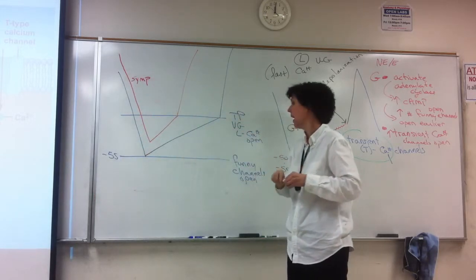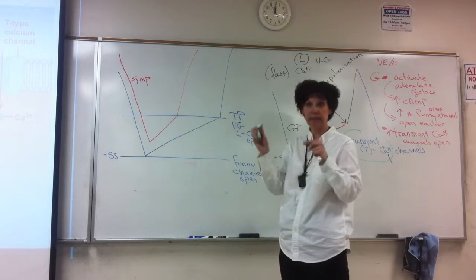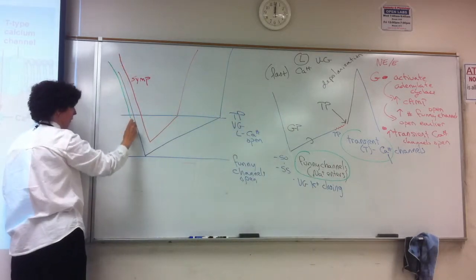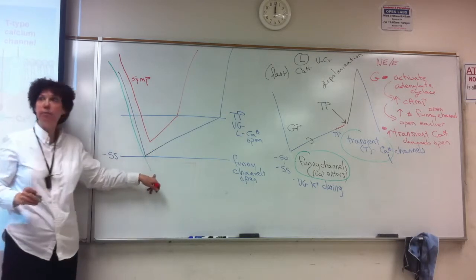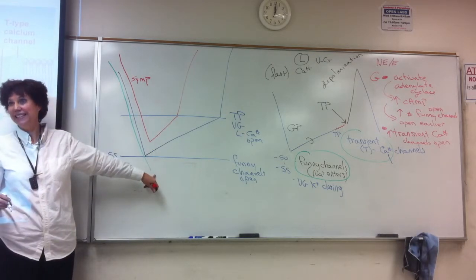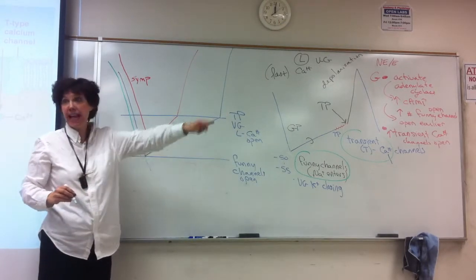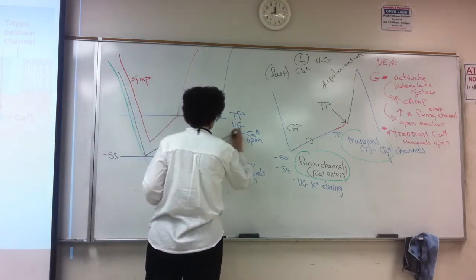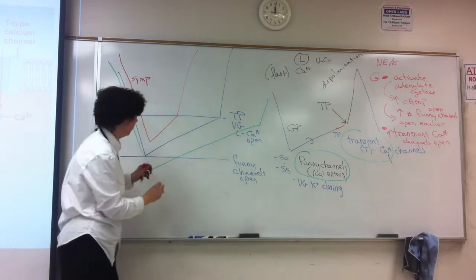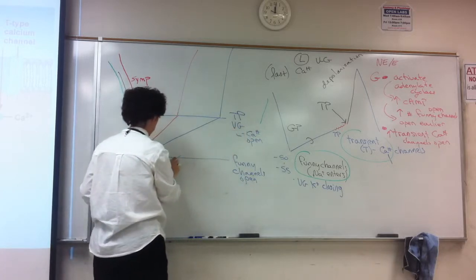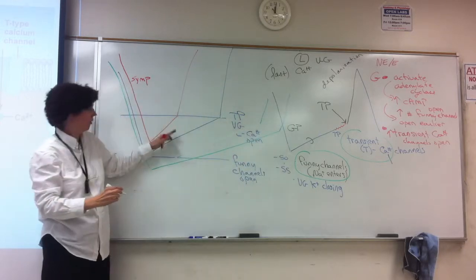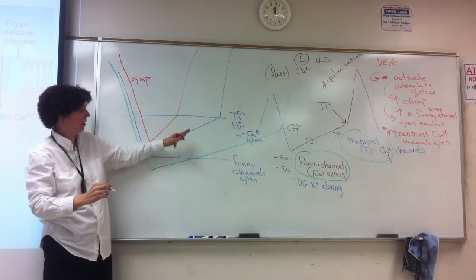And then for our parasympathetic effect, we hyperpolarize more because the funny channels aren't opening without cyclic AMP. We lose potassium, so it's taking longer to get to a positive point. So our gradient becomes more shallow.